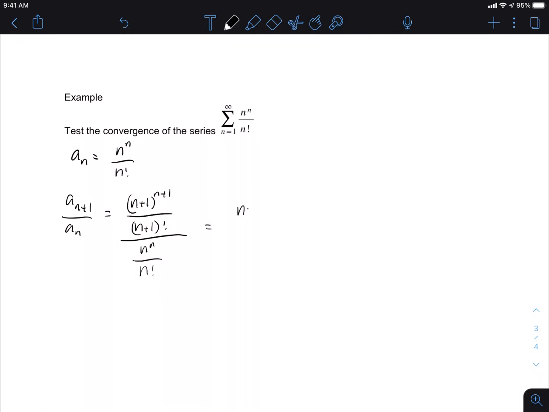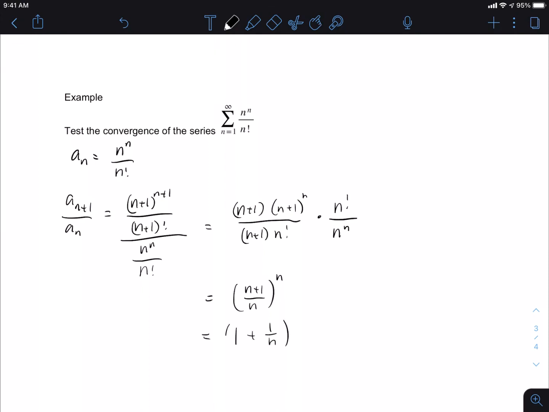That's going to clean up to be n plus 1 times n plus 1 to the n over n plus 1 times n factorial times n factorial n to the n, right, multiplying by the reciprocal. So that should clean up to be the n's are going to cancel, and I'm going to end up with n plus 1 over n to the n, right? And that's going to give me 1 plus 1 over n to the n.